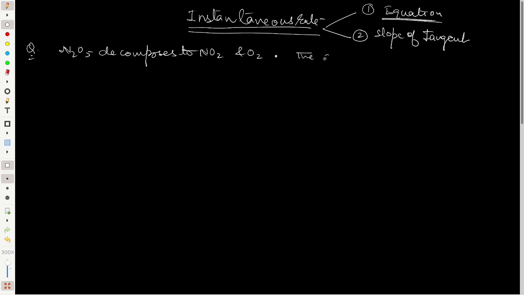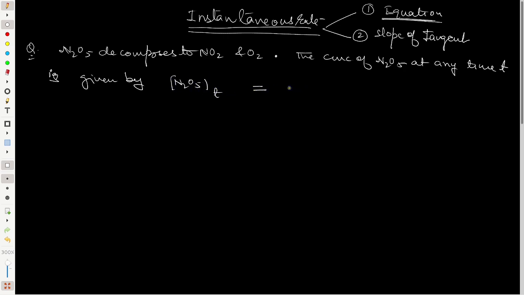The concentration of N2O5 at any time t is given by N2O5 at t is equal to 2 e to the power minus kt.